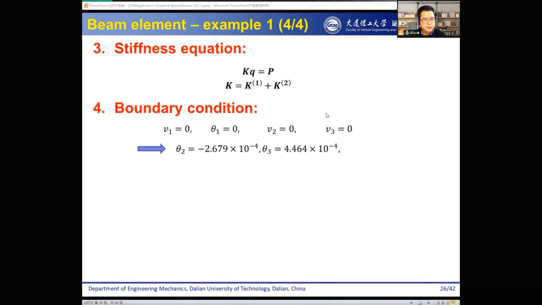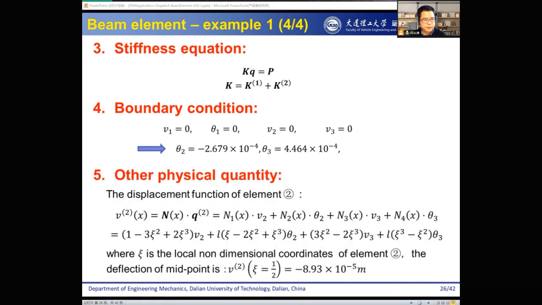The original stiffness equation may be very large, so we make use of the boundary conditions to reduce the dimension of the stiffness matrix, and then we can solve our unknown variable. Our unknown variable is the displacement at the nodes. Once we solve the displacement field, we can use different equations to solve the other physical quantities.